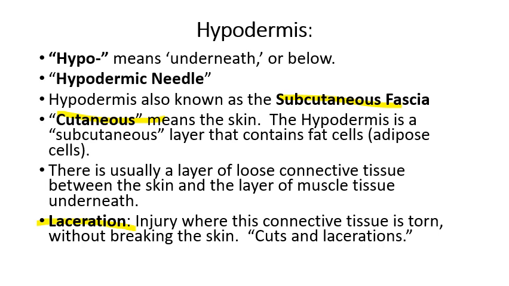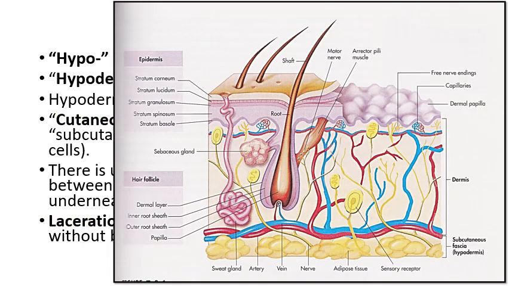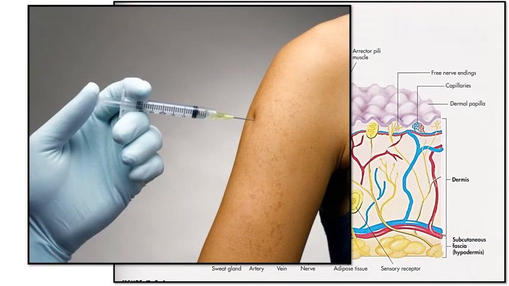Usually there's a tear between either the dermal layer and the subcutaneous fat, or between the subcutaneous fat and the muscle tissue underneath it. A hypodermic needle is meant to go under the skin, all the way through the dermis to the layer of subcutaneous fat.